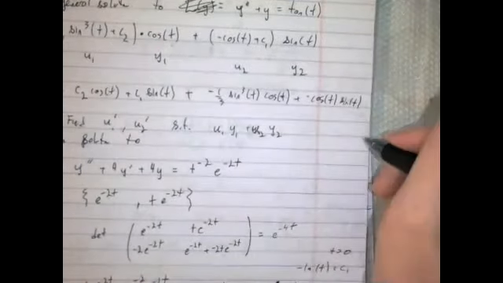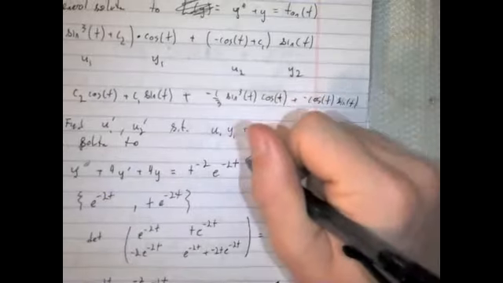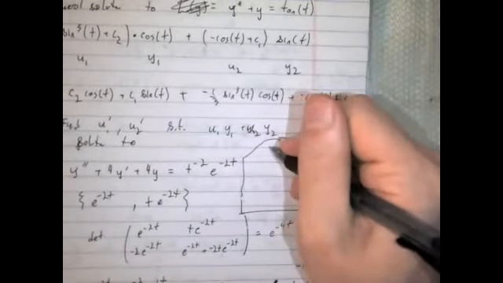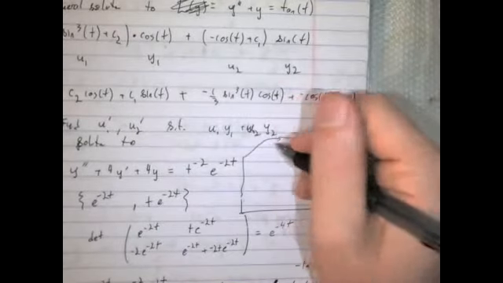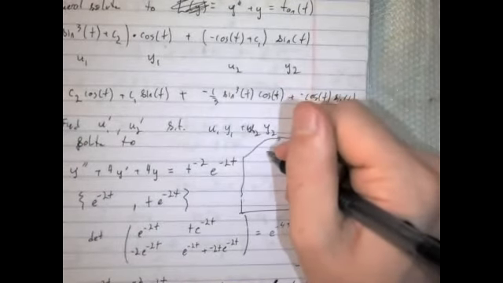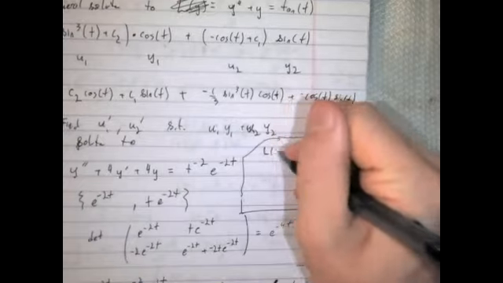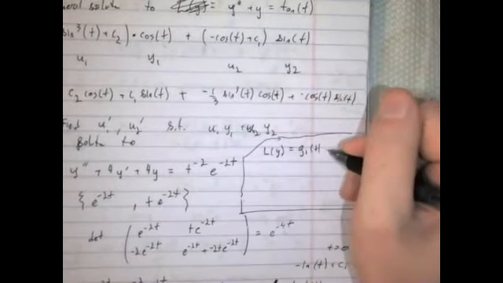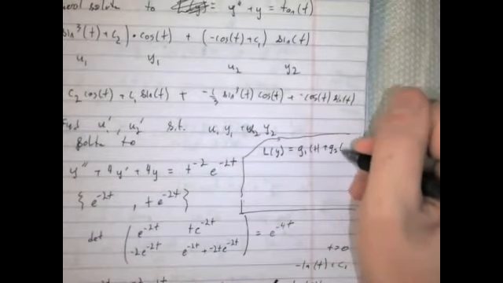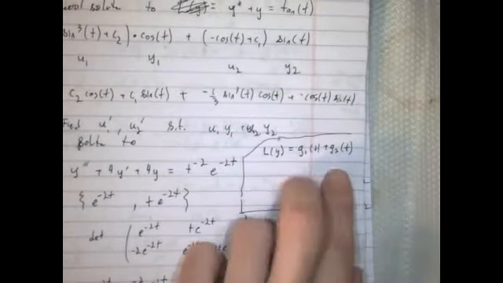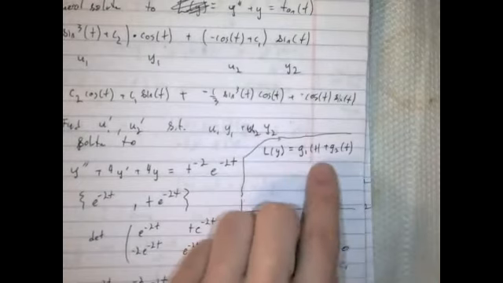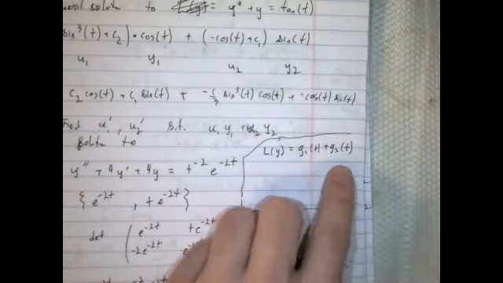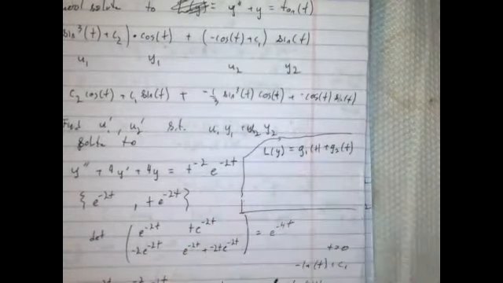One thing that I want to point out too, and then I want to move on: if you have L of y is equal to g1 of t plus g2 of t, so I'm saying g can be broken up as a sum of functions. Do you remember how you approach this one?